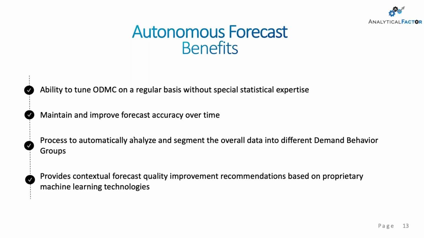The autonomous forecast will run the engine, take different perspectives or run it in many different permutations, and give you the optimal result without the need for you to waste time between the iterations. And it also shows you in a very simple way, you saw the KPIs, they speak for themselves, what the issue is, how you can change it, and how you improved it.